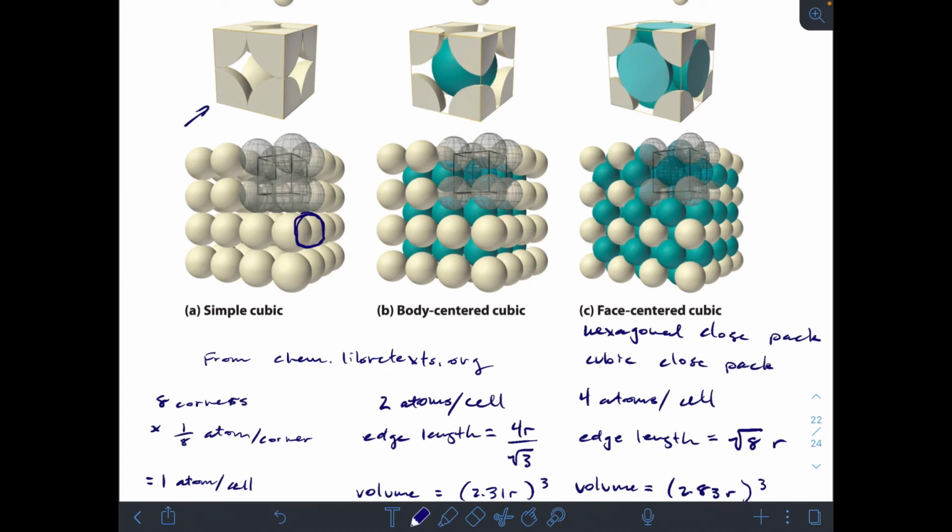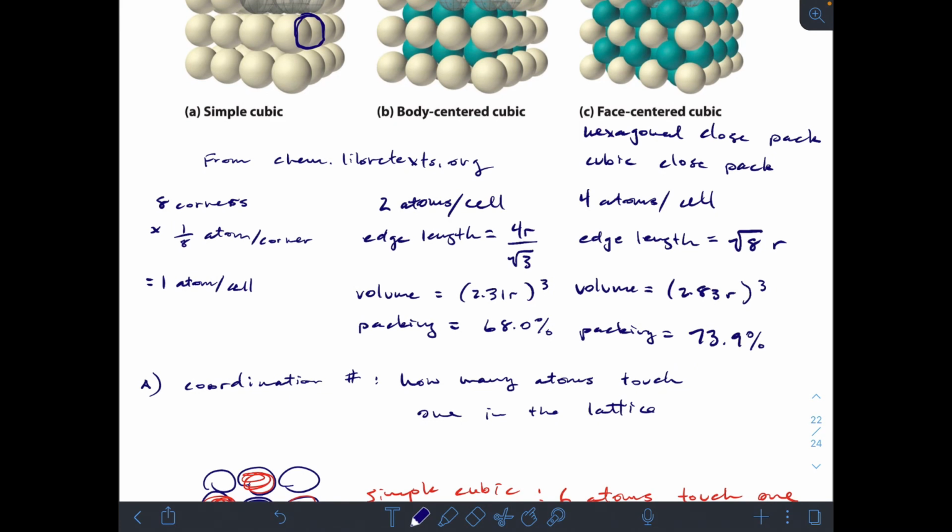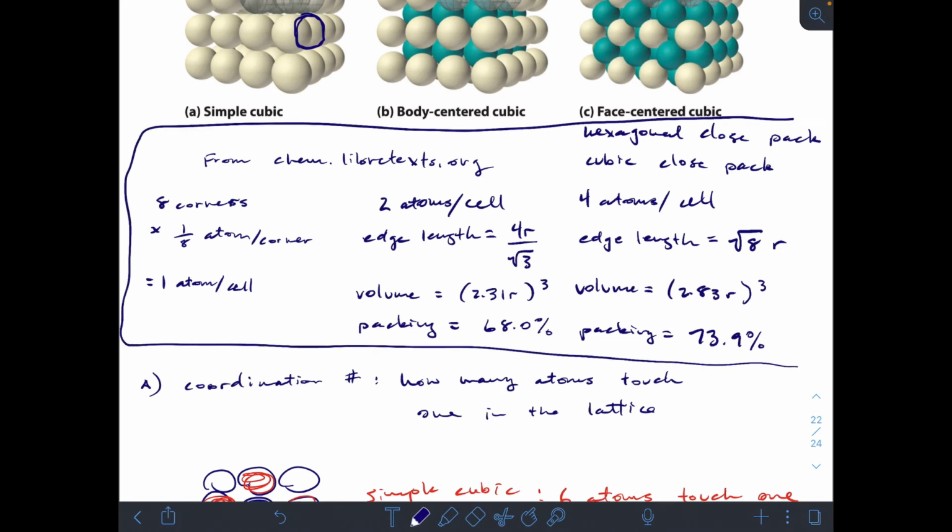Okay, and all that is referring to is how the different layers of the arrangement are stacked with each other. But they both result in the same unit cell of face-centered cubic. Right, so the most important stuff for you to have is right here. Okay.